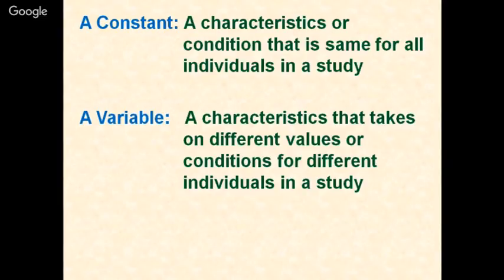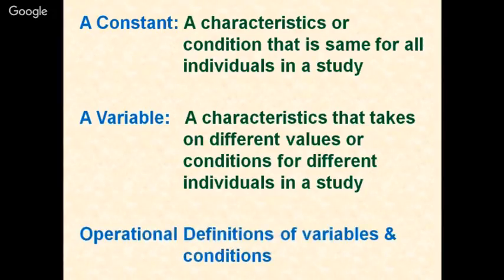Their scores would be different. Every student will get different marks on the achievement test, so their scores would vary. So that is a variable. Then you need to define those variables in your thesis or dissertation. You have to give the operational definition.